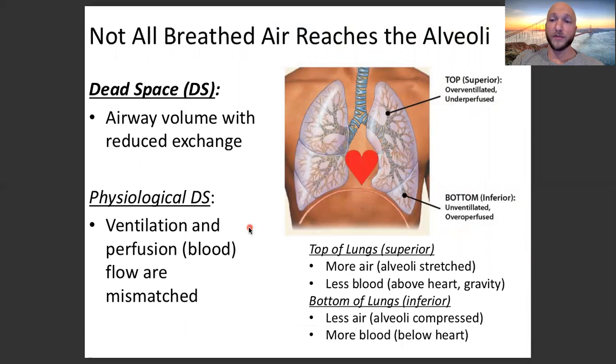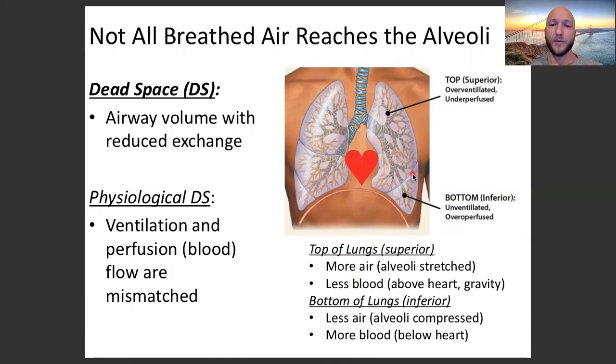All right, let's look at some other factors that we might need to consider. Anatomically, our lungs are not equal throughout. There are some differences in the physiology and the function, the characteristics of the different parts of our lungs. The top of our lungs, or the superior aspect, tends to have more air and less blood.